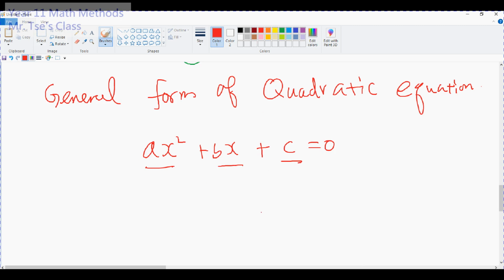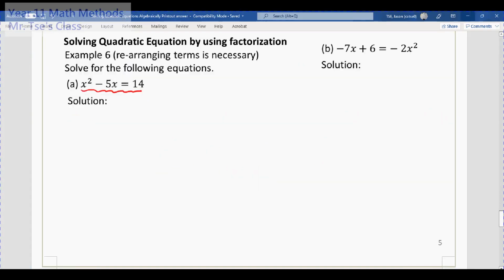But that's not the only possible form in quadratic equations, because you can rearrange terms, you can put terms to the right hand side, and you make it look different to the general form. But if you want to solve it by factorization, you need to rearrange.